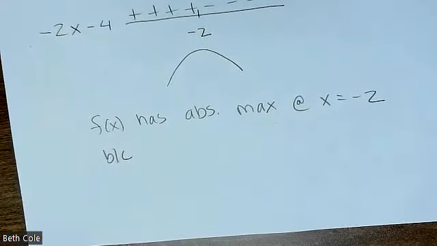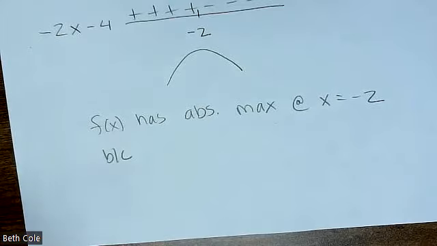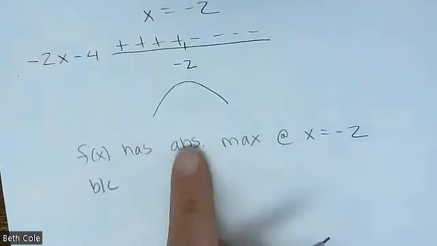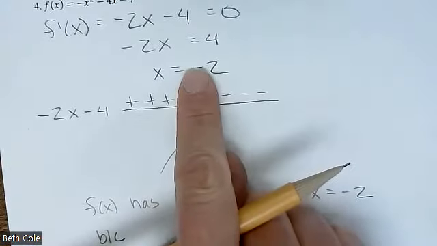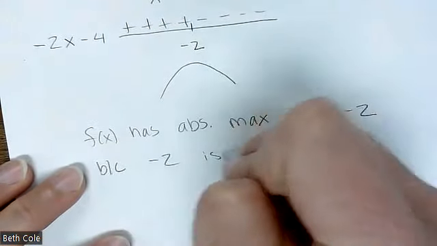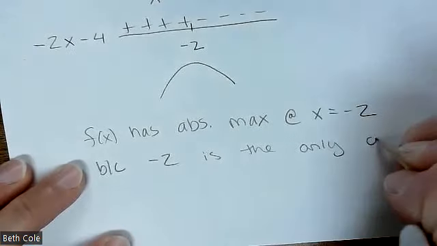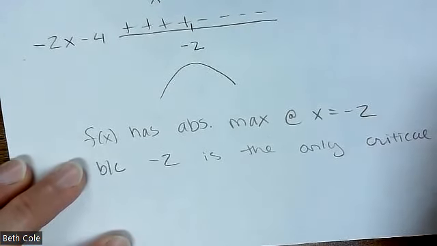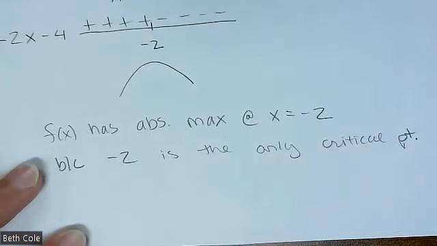Because we are gonna have to do a sentence here because we can't do a candidates test. We can't do a table because there's no interval. Because, now why would it have to be absolute? Perfect, that's the only one. Because -2 is the only critical point. Good, don't overthink that. You guys were right.